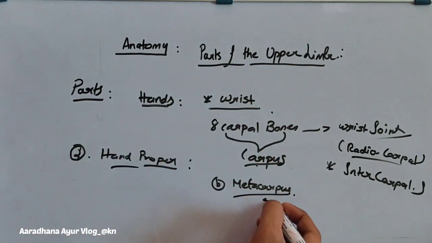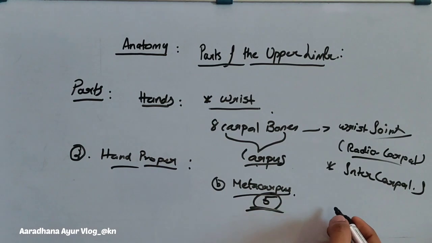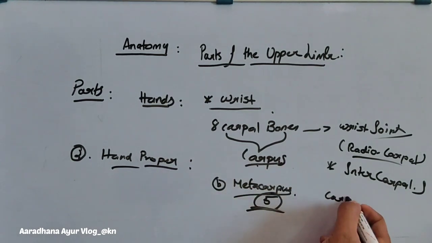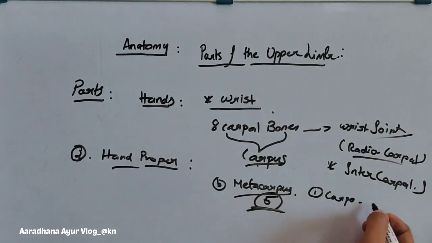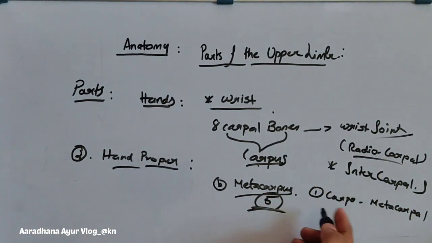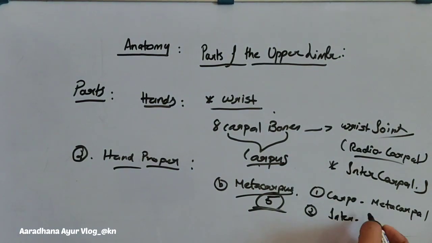That is 5 metacarpal bones, and the joints will be the carpometacarpal and the metacarpal joint, which is known as the intermetacarpal.